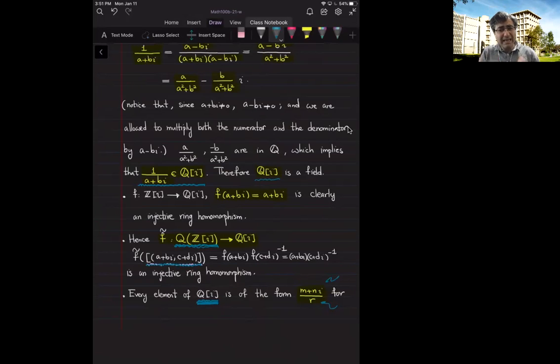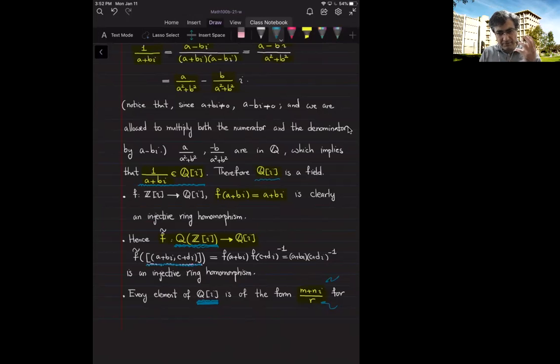So indeed, an element of the field of fractions of Z[i] is an equivalence class. And F tilde of this equivalence class is nothing but F of the first component times the inverse of F of the second component. So that's our F tilde, and the universal property of the field of fractions says that F tilde is indeed an injective ring homomorphism.